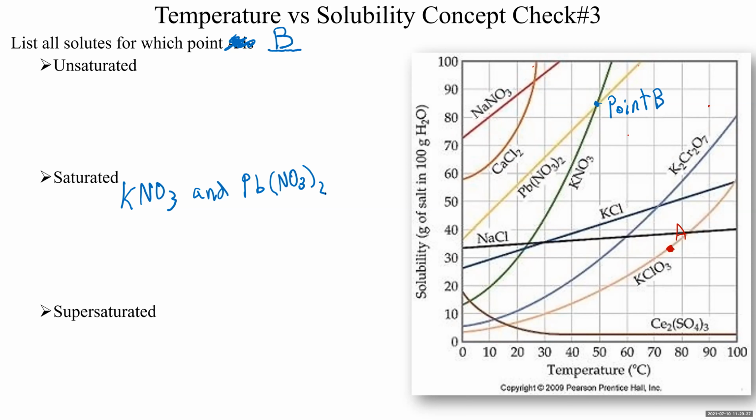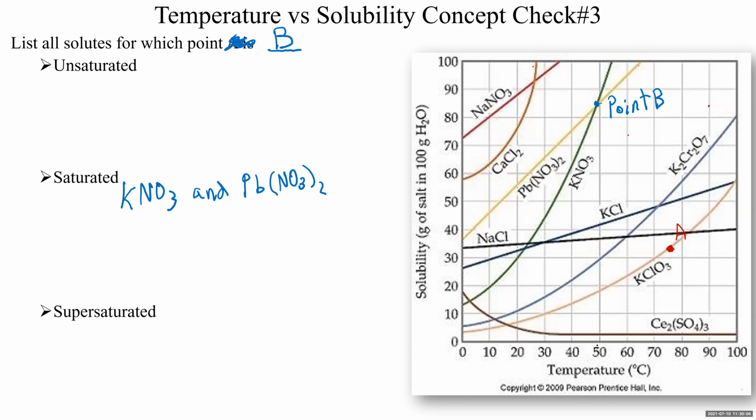So both of them are saturated. Point B lies on both graphs, the one for lead nitrate and the one for potassium nitrate, at a temperature of approximately 49 degrees Celsius, just before 50. So hopefully you see that. Both lead nitrate and potassium nitrate intersect point B, so they are both saturated at that point.